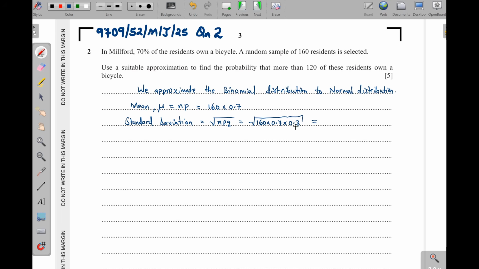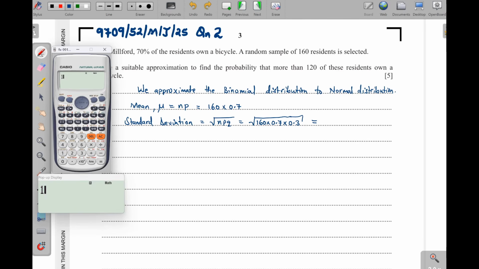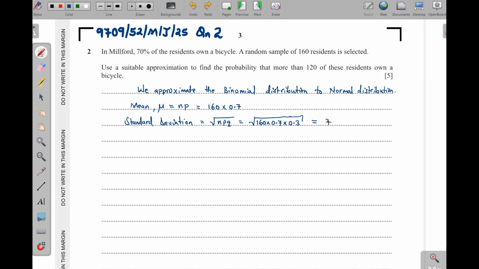Then what do we get inside here? 160 times 0.7, first of all, that is 112, then times 0.3, 33.6. So 33.6 here under the square root, and this is 112.